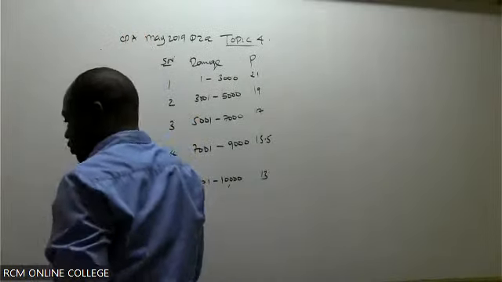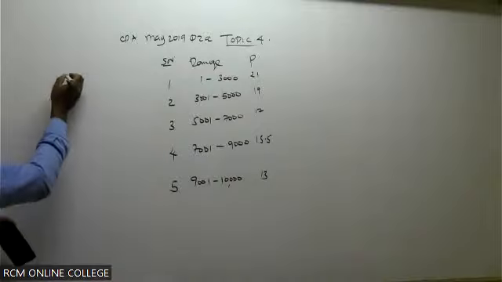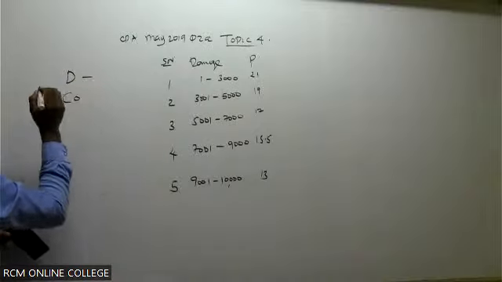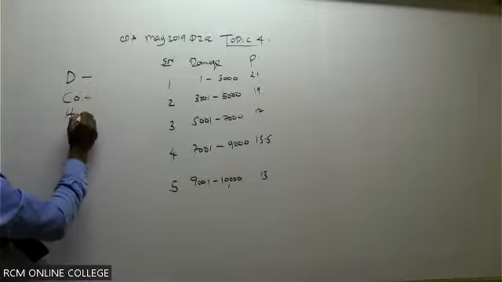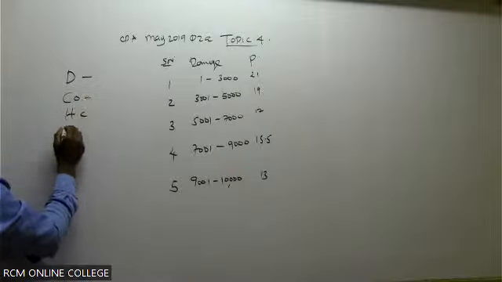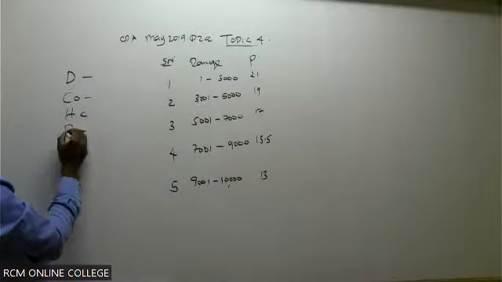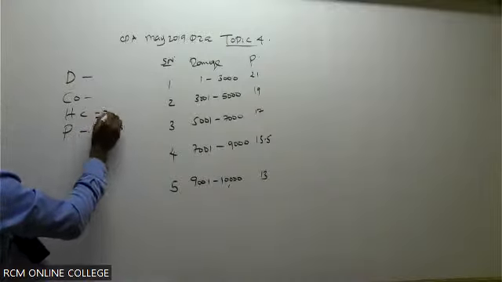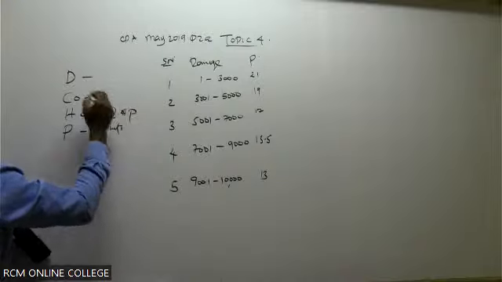So I want us to list those items that we've been given. Do we have demand? Do we have ordering cost? Do we have holding cost? Do we have purchase price? Purchase price here, of course, has discounts, and holding cost is 20% of purchase price.